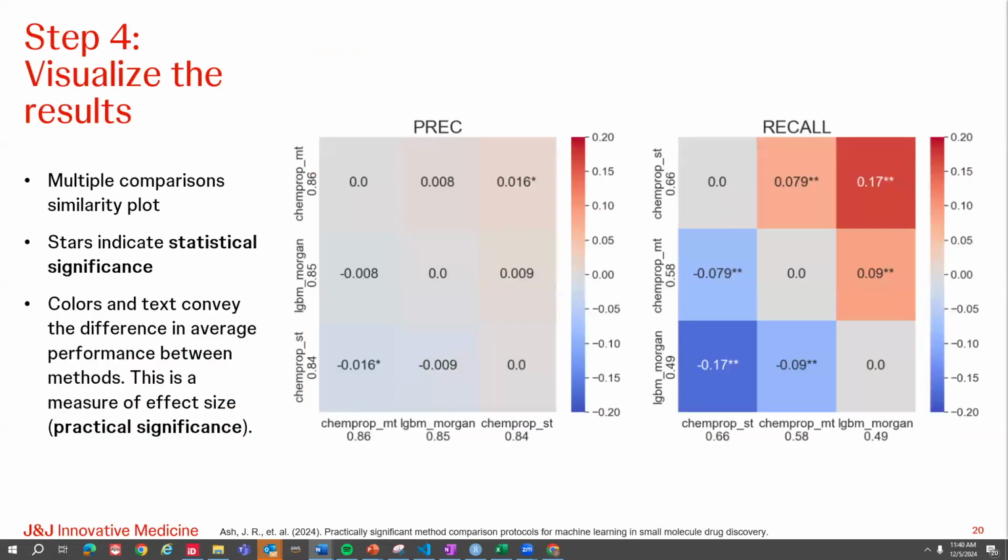So the last step in the guidelines is to visualize and interpret the results. The first plot we're recommending is an extension to a plot called the sign plot in the scikit-posthocs package in Python. The original plot showed a heat map of all pairwise p-values. We call our extension a multiple comparison similarity plot.